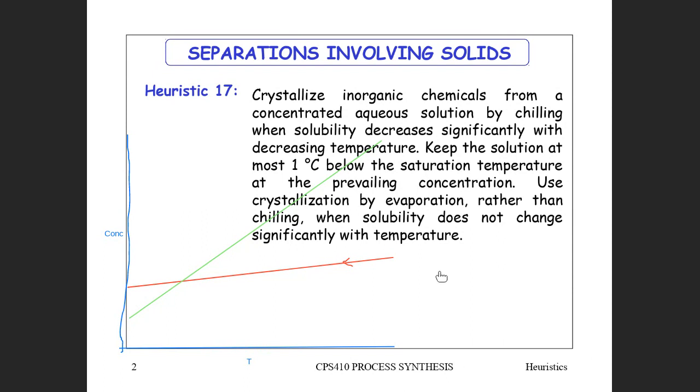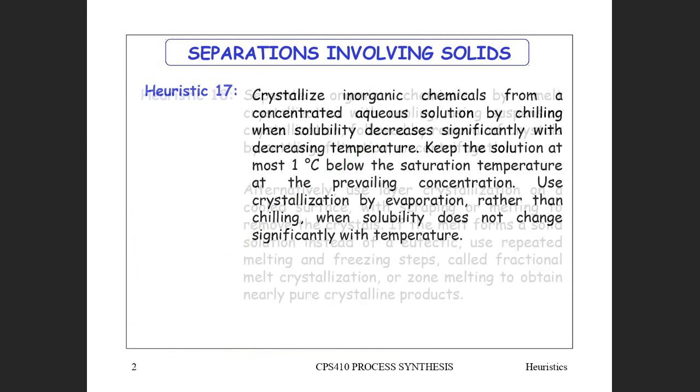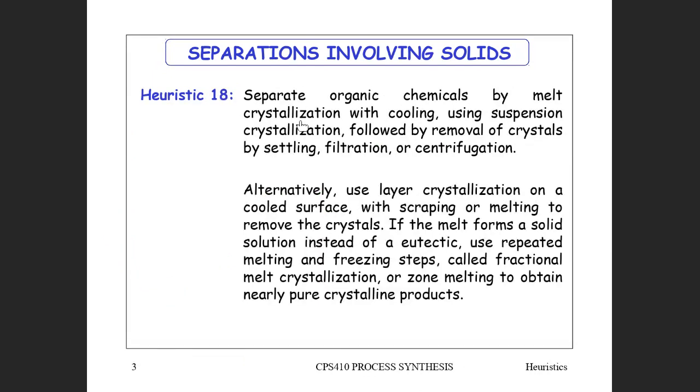All right. Right, so let's go on to the next one. Separate organic chemicals by melt crystallization with cooling using suspension crystallization, followed by removal of crystals by settling, filtration, or centrifugation. So if it's possible to do this with 2 organic chemicals, as you cool them, you'll get crystals forming.